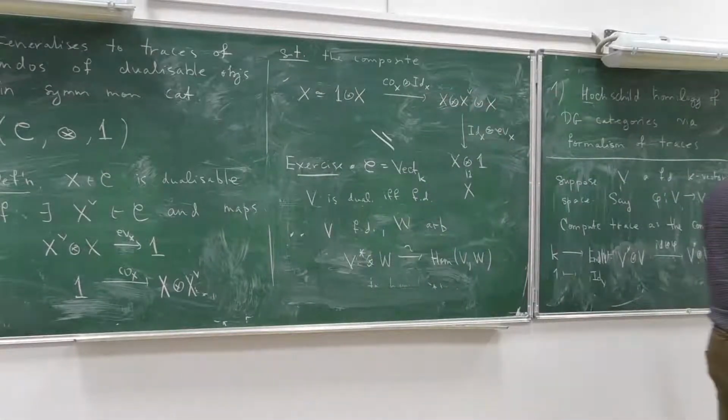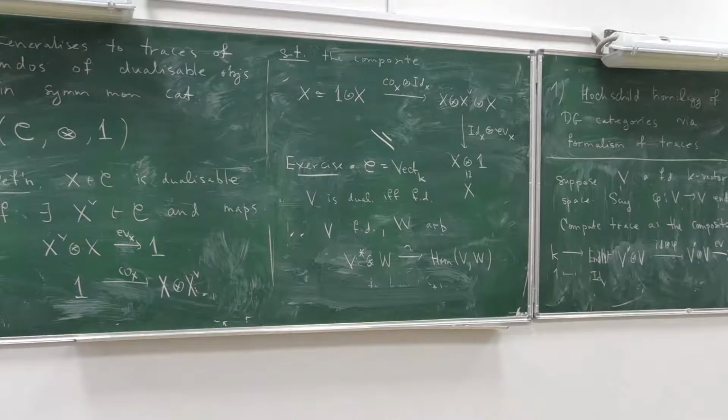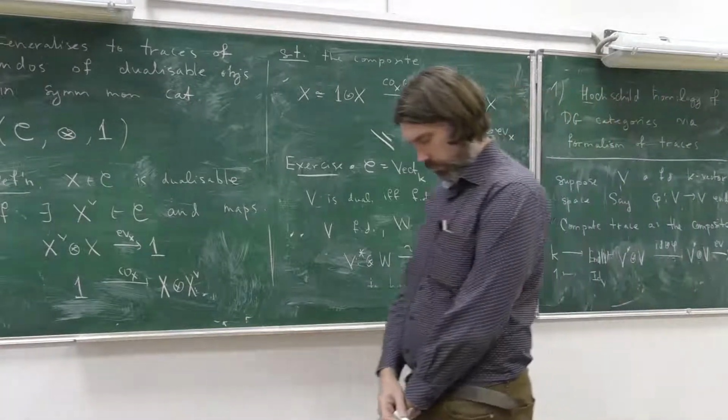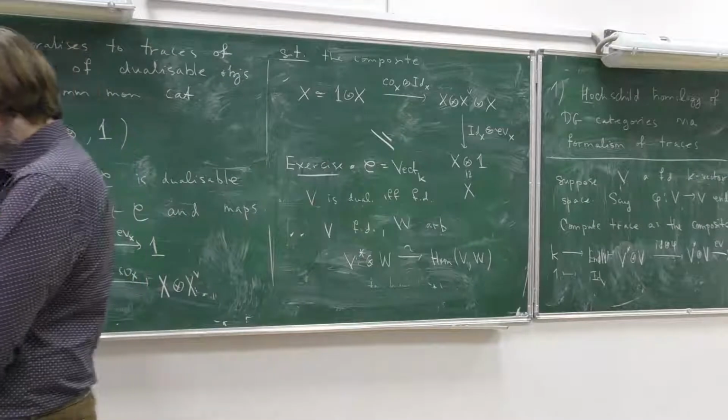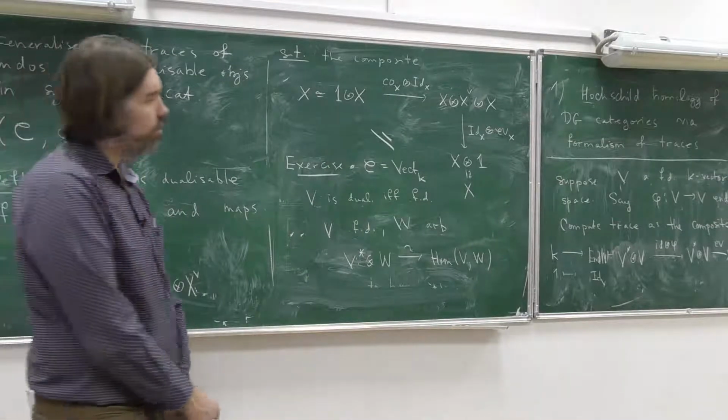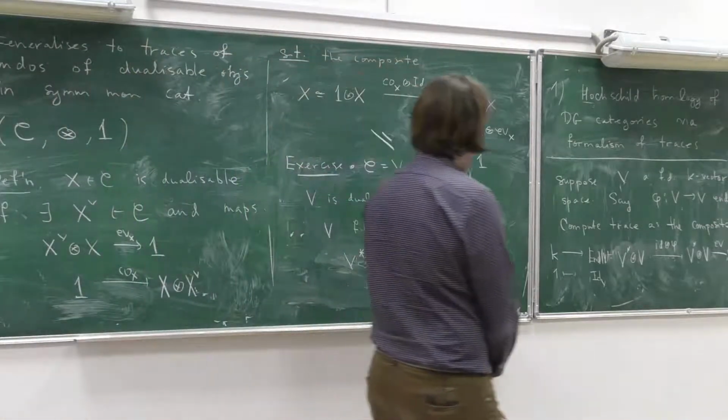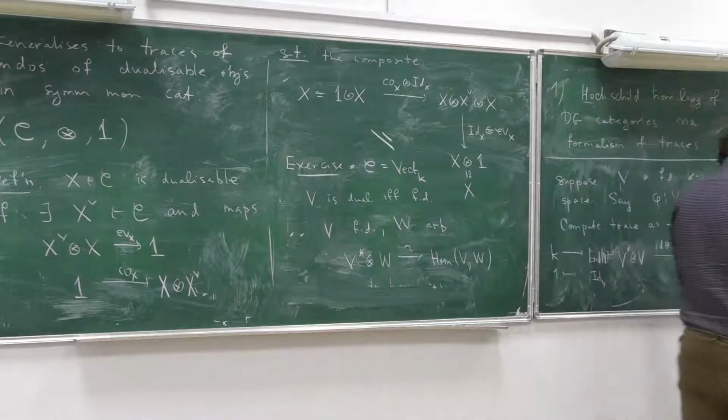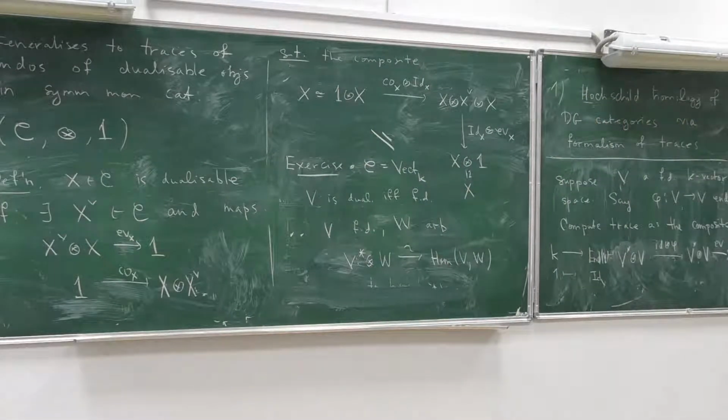I have a purely formal question. Is dualizability equivalent to saying that tensoring with x, as a functor, has a right adjoint which happens to be a tensor functor? Just a sec.